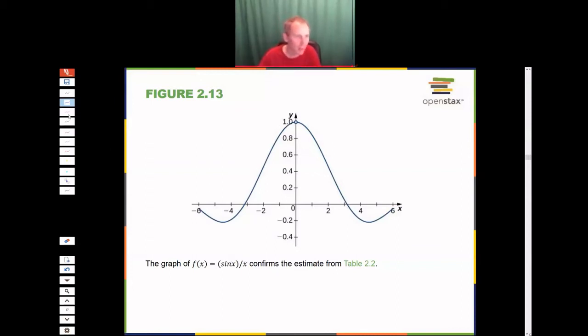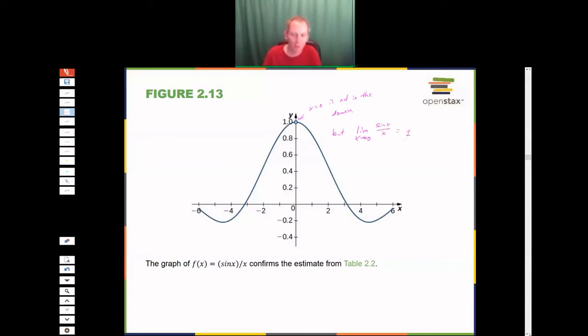So x equals 0 is not in the domain. But I can still look at the limit as x approaches 0. And as x approaches 0, it looks like my y values are approaching 1. So the limit as x approaches 0 of sine x over x is equal to 1.